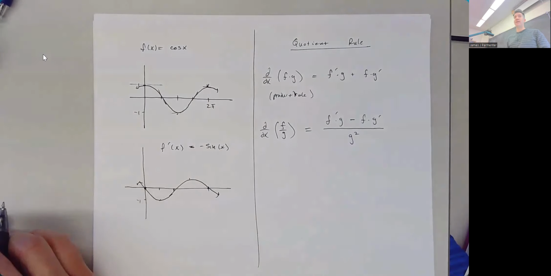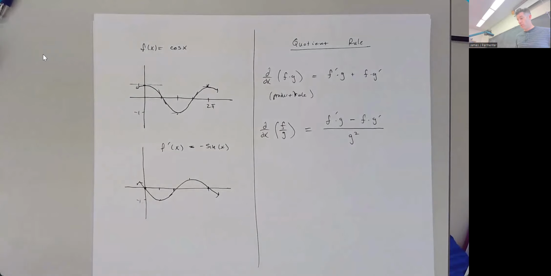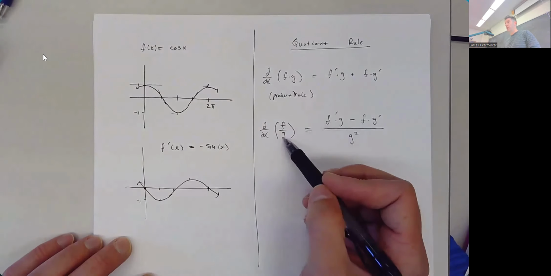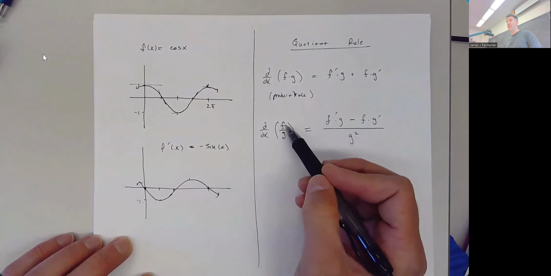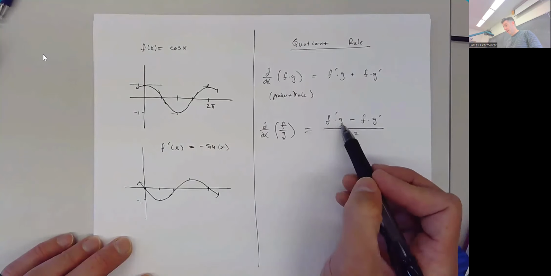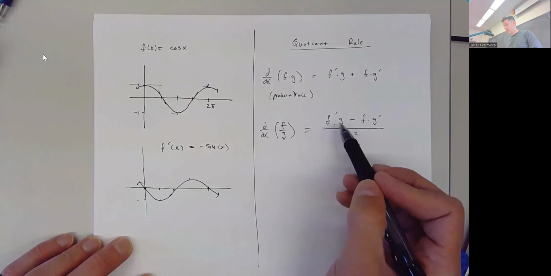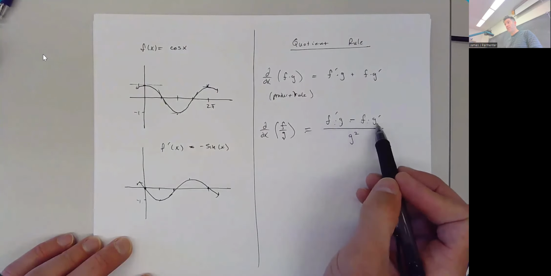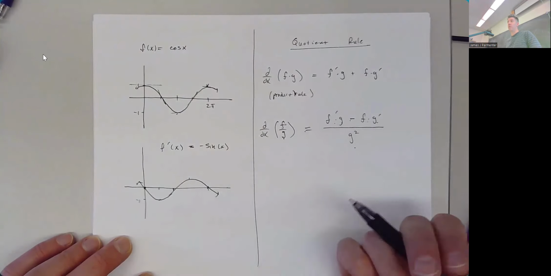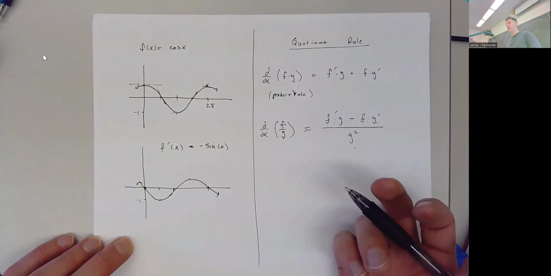When I say the quotient rule in my head, the words I'm saying are actually slightly out of order. If I'm thinking of f over g, or the top thing and the bottom thing, the way I say it is the bottom times the derivative of the top minus the top times the derivative of the bottom, all divided by the bottom squared.